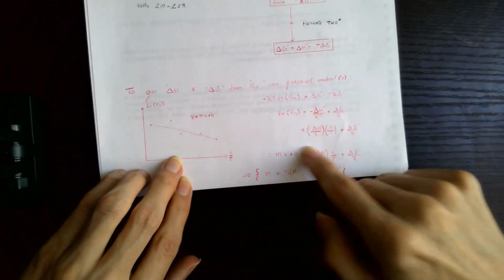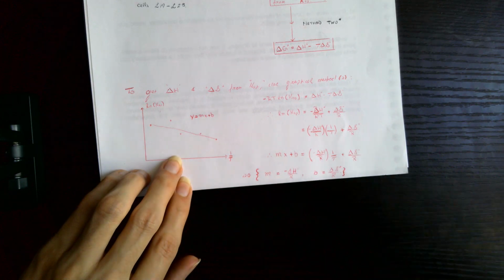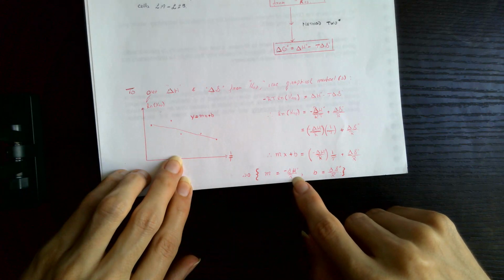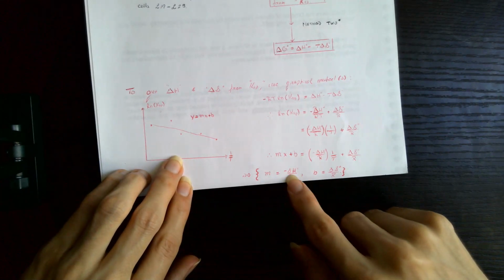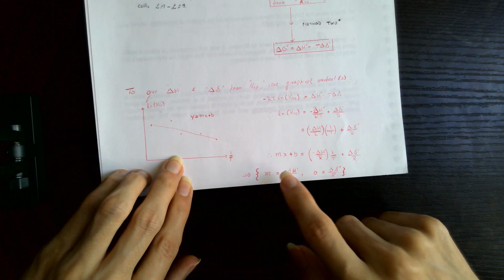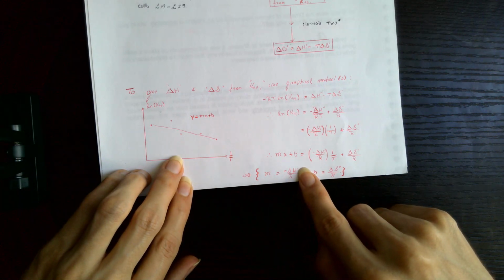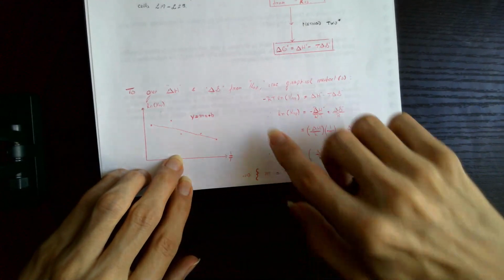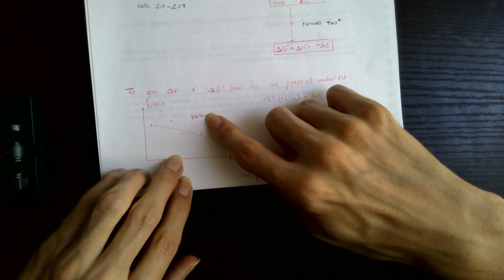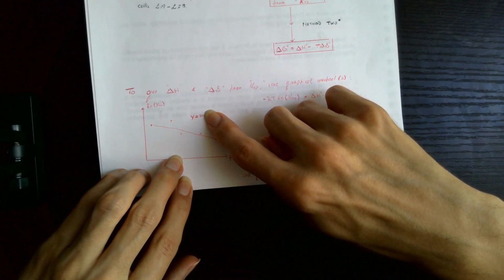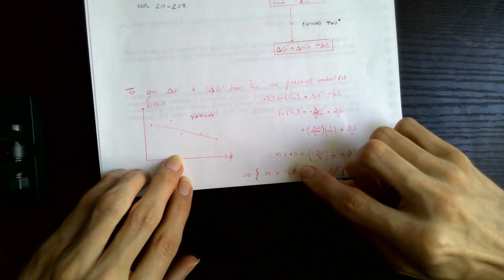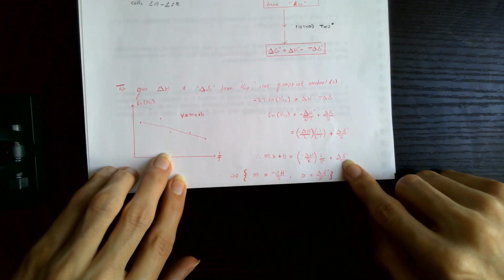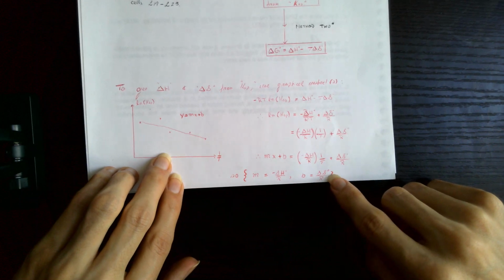So what this final form down here allows me to say is, if m is equal to negative delta H over R, which I've rewritten explicitly down here, then m times R is equal to negative delta H, or negative mR is equal to delta H. So I can take the slope from the equation of the line up here, multiply it by negative R, and that will give me delta H. Similarly, b is equal to delta S over R, which I've written explicitly down here.